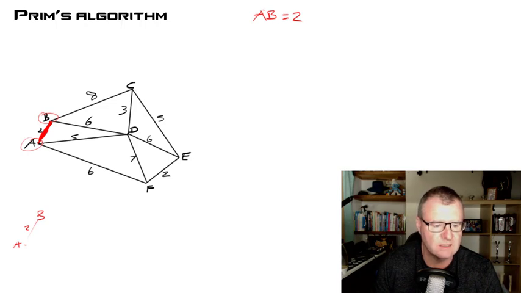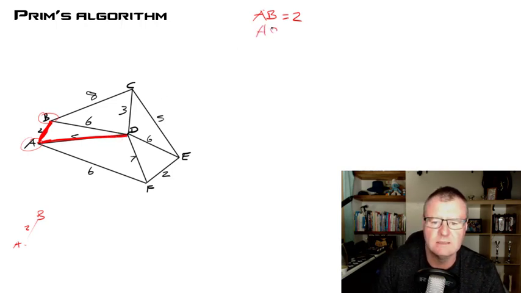So it's pretty clear to me that the shortest now is going from A to D, so A to D equals 5. Let's just reproduce that on our little mud map down here. Let's go A to D, and that's 5.